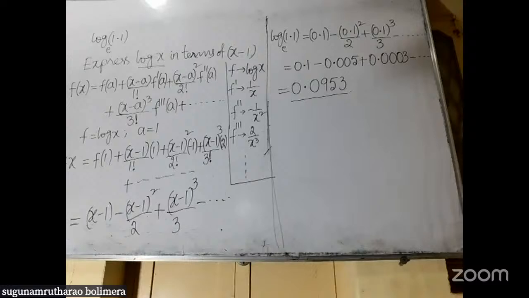So in examination, you may expect log x expansion in terms of x minus 1, or something else, sin x expansion in terms of x minus pi by 2, or cos x expansion in terms of x minus pi by 2, like that.